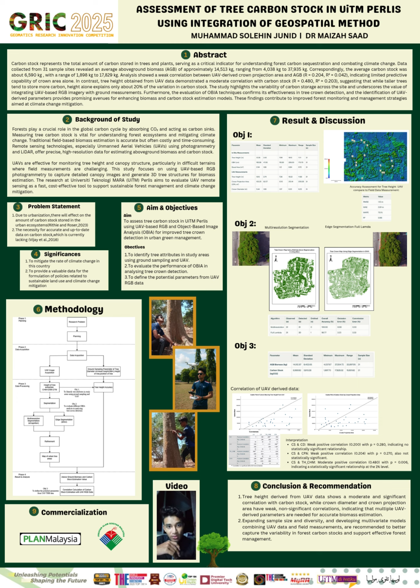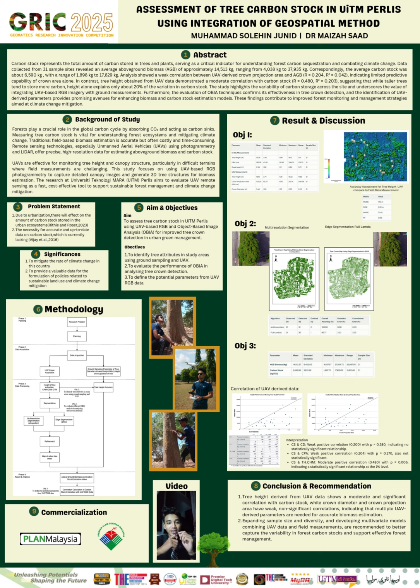And also, as we know, the traditional method often requires more time and more cash, so we try to get the potential data that we can derive from the RGB UAV data.